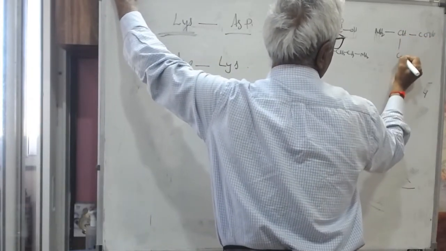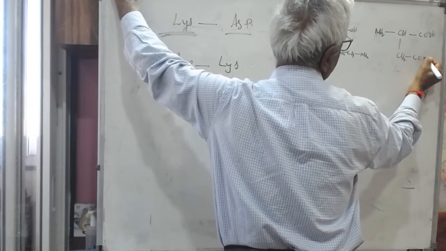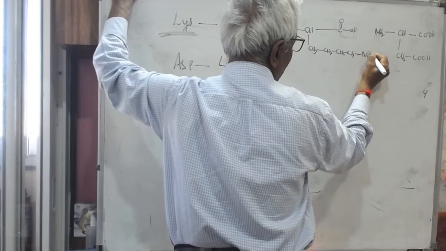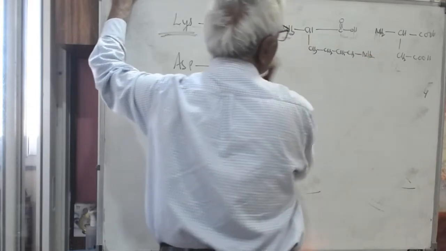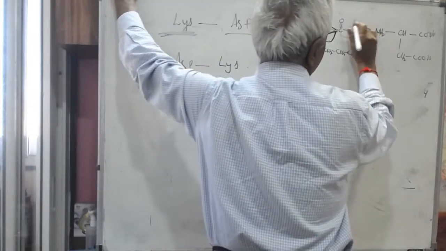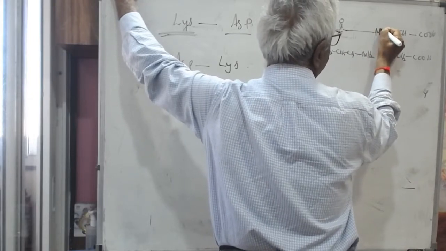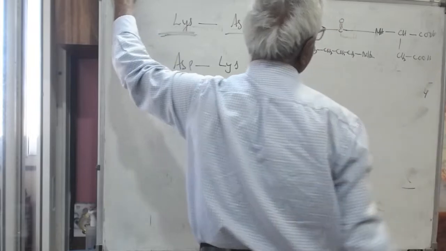COOH and CH2, COOH. When a peptide is formed, only the alpha amino group participates. So when these two form a dipeptide, this will react, NH, and this is this.